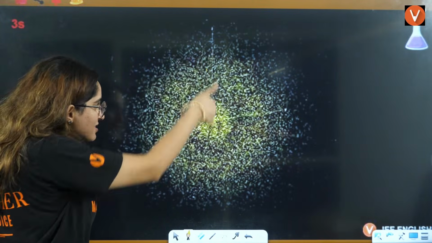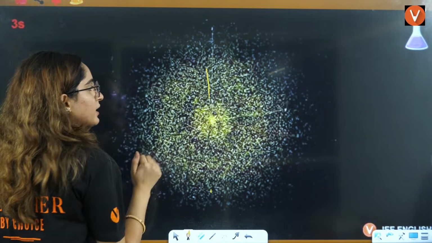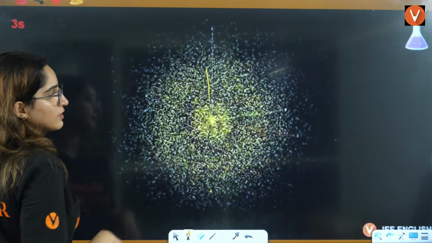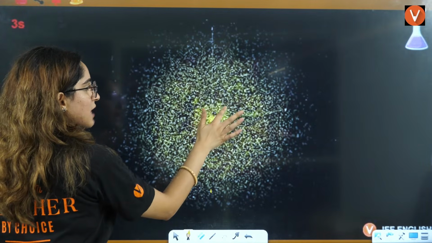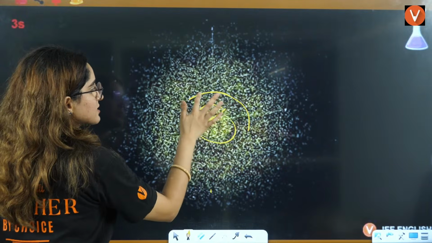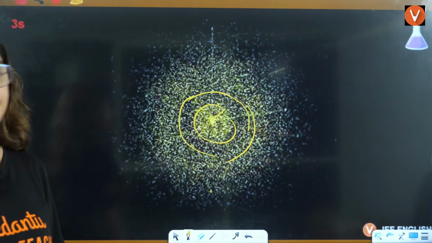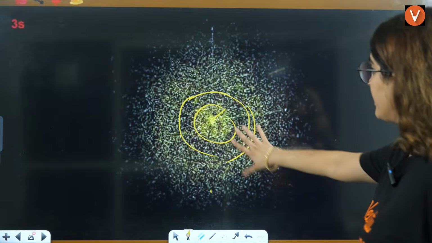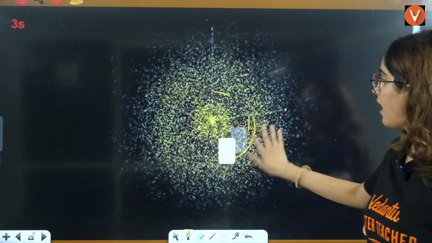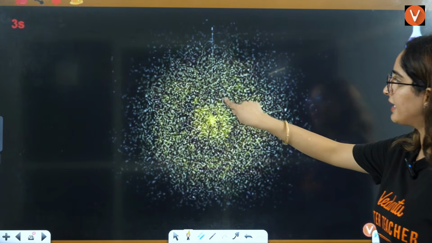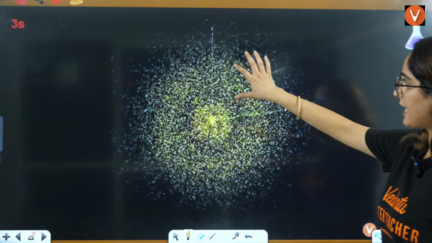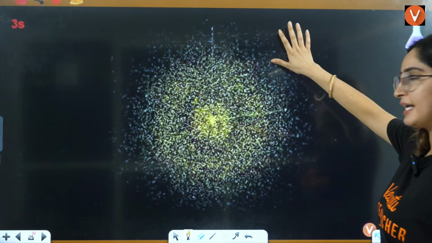I am not passing a plane here. At this particular distance, I can see the electrons are less. Here there is a very high density of electrons, then the probability of finding the electron is 0, then it is again going to a maximum, then again it is decreasing.